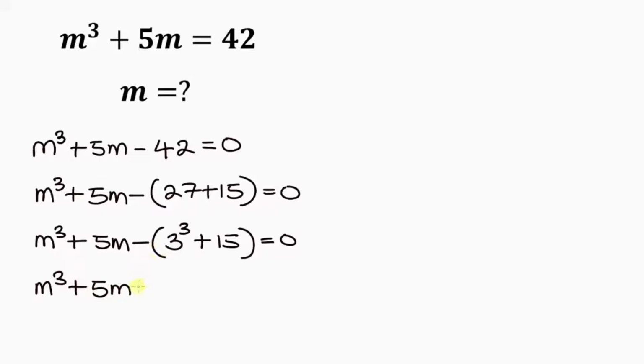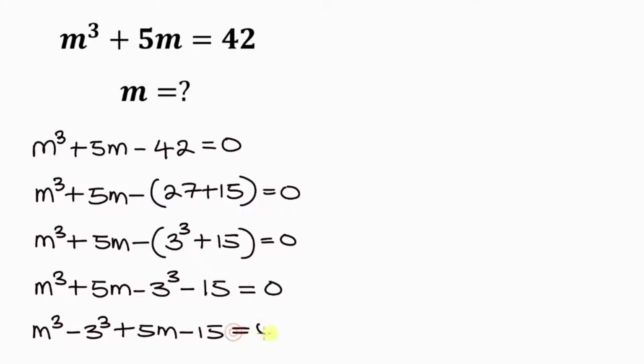Now this becomes minus 3 cubed. Now negative times positive is negative 15. This is equal to 0. Now we're going to bring the cubes together. So this is m cubed, and I'll bring negative 3 cubed close to it, and then I write plus 5m, then minus 15 equal to 0.